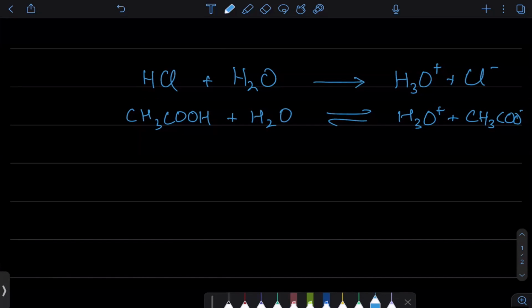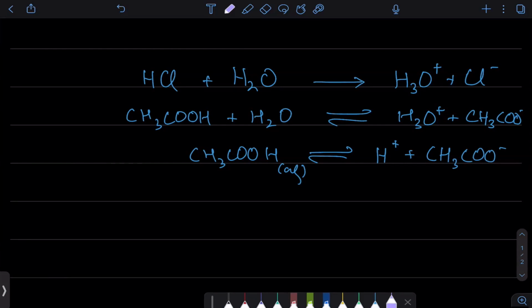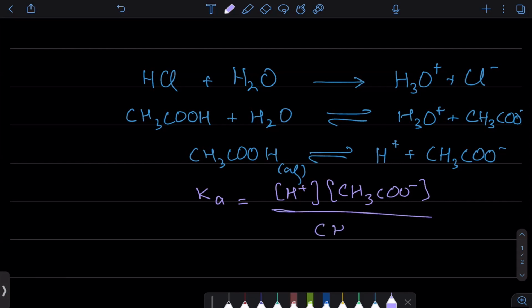In fact, I will simplify this to just CH3COOH aqueous ionizing, forming H positive and the ethanoate ion. But because not all of them are taking part in this, I have to look at their concentrations. This one is going to be H positive concentration times CH3COO minus concentration divided by CH3COOH concentration.